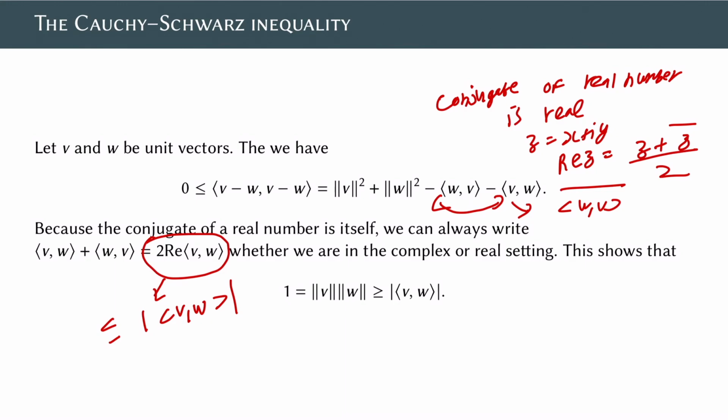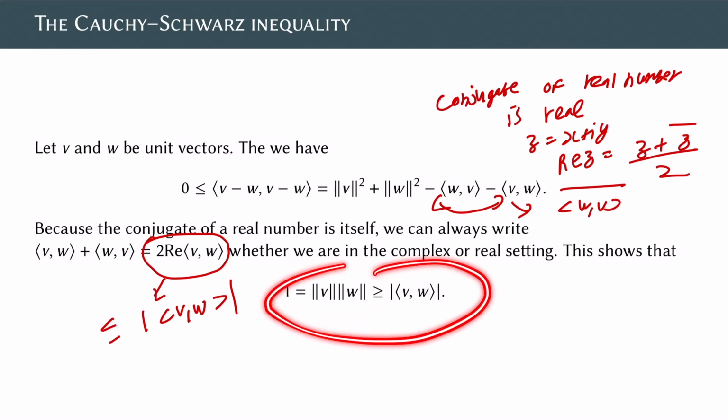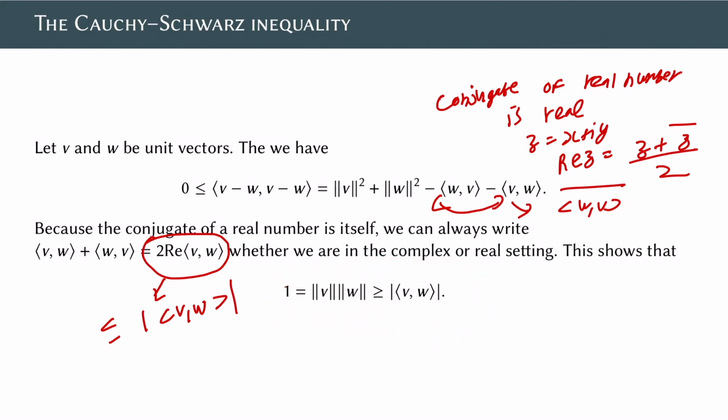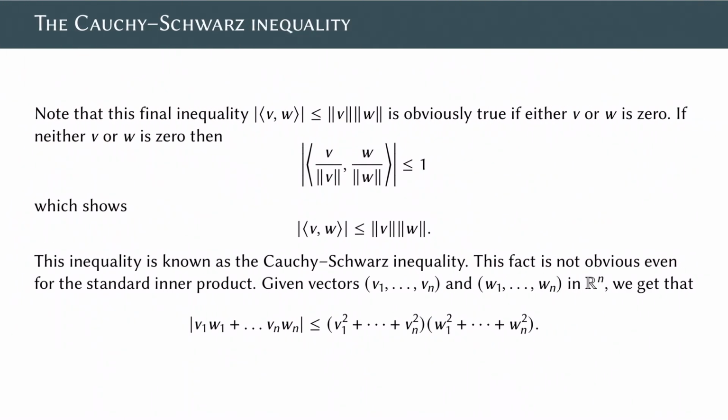And the net upshot is 1 = norm v times norm w is greater than or equal to the modulus of the inner product ⟨v, w⟩. So we have this final inequality that the absolute value of ⟨v, w⟩ is less than or equal to norm v times norm w.